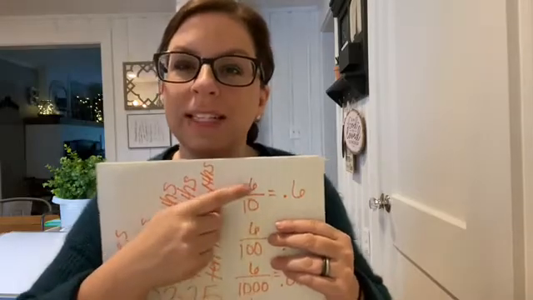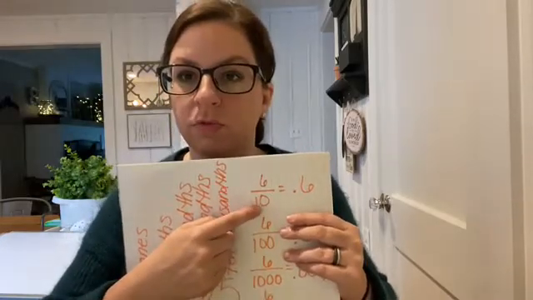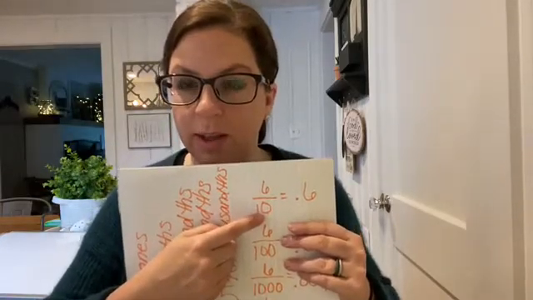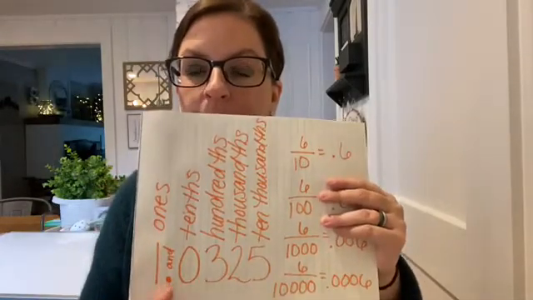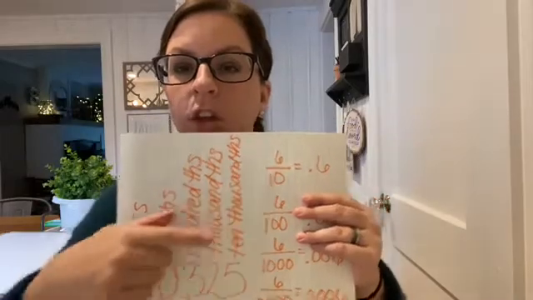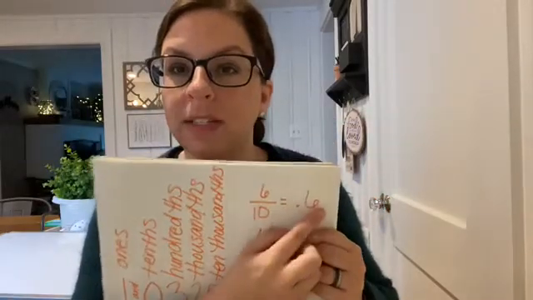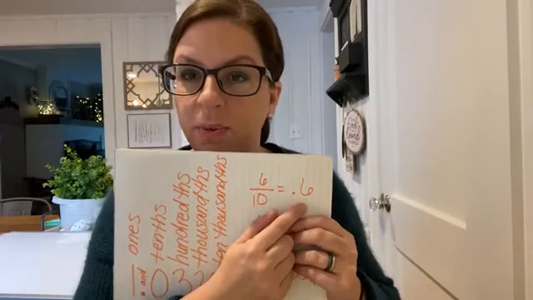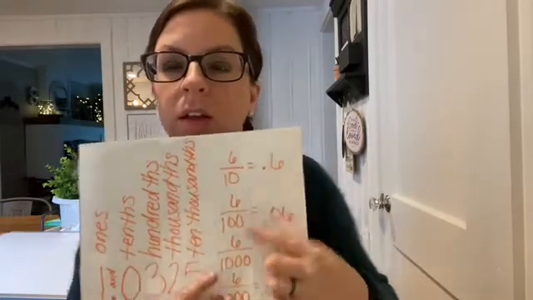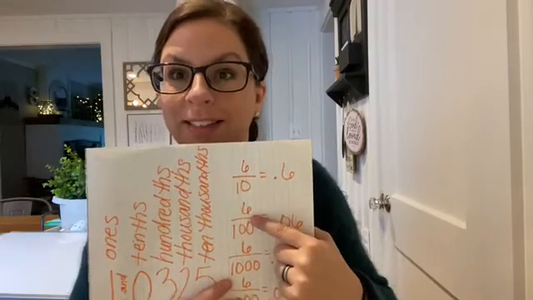So you say 6/10 when you're reading this fraction. You're going to write it, see the decimal point and the tenths place, as 0.6, and you can say 6/10. The numerator is going to stay the same, 6.